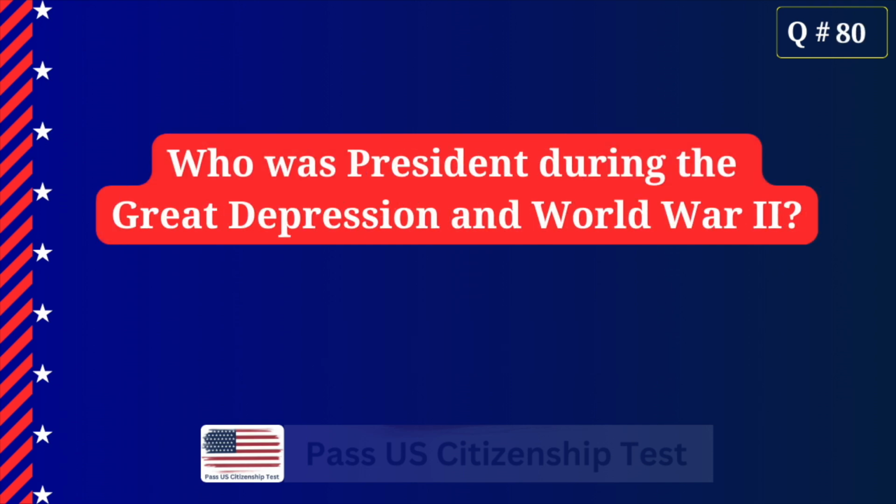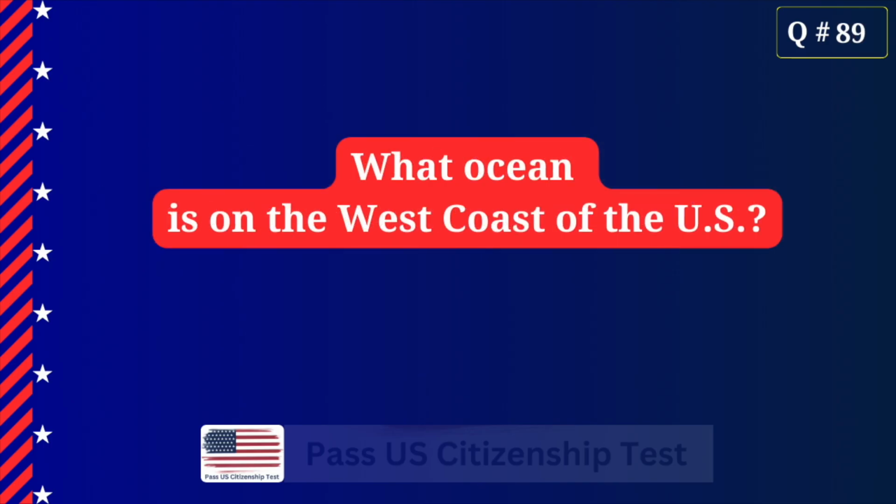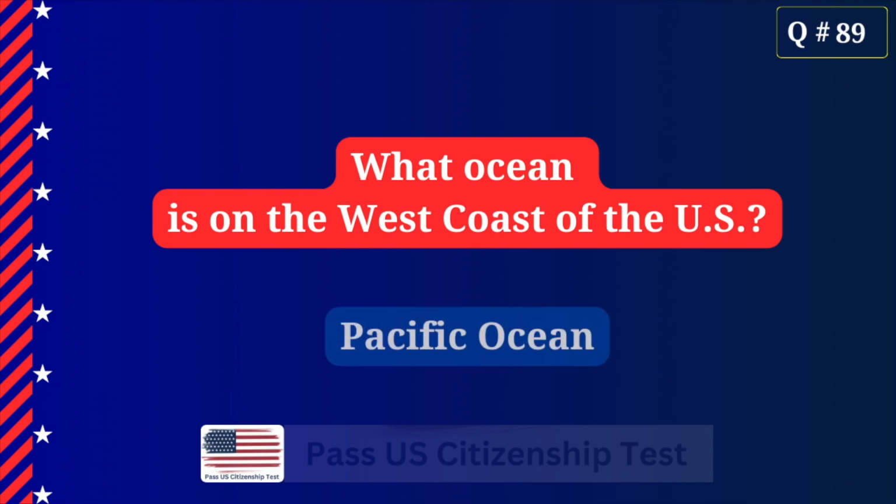Who was president during the Great Depression and World War II? Franklin Roosevelt. What ocean is on the west coast of the United States? Pacific Ocean.